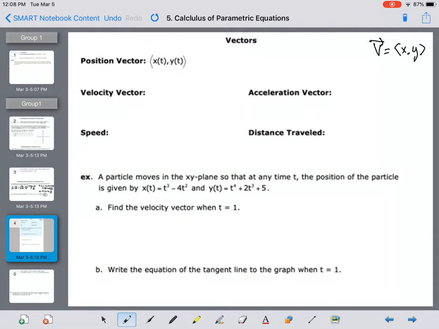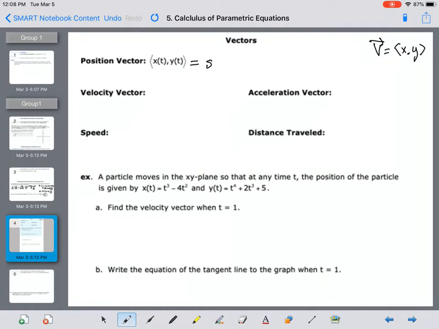But with vectors, because they are parametric, we can go more in depth. Our movement is no longer just horizontal. It is horizontal and vertical at the same time. If we graphed that kind of movement, we get that parametric equation like we talked about yesterday. So when we talk about vectors, we're talking about motion on a coordinate grid.